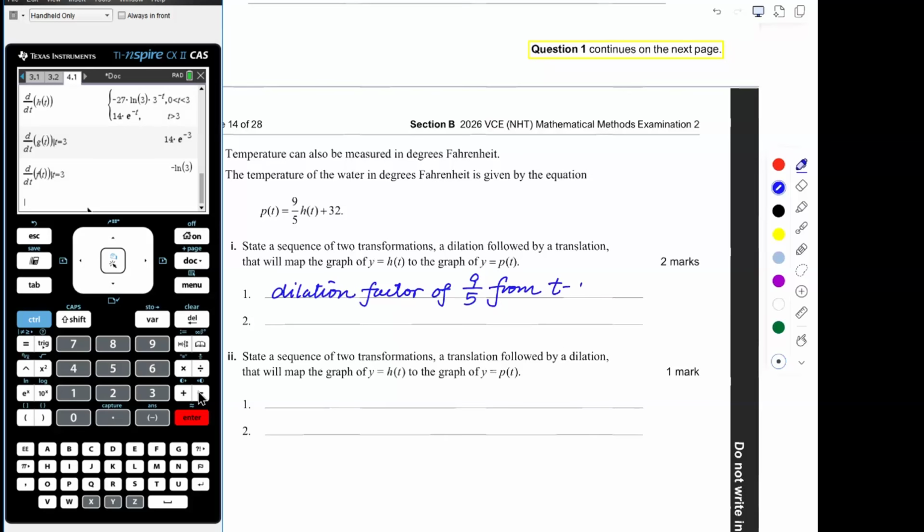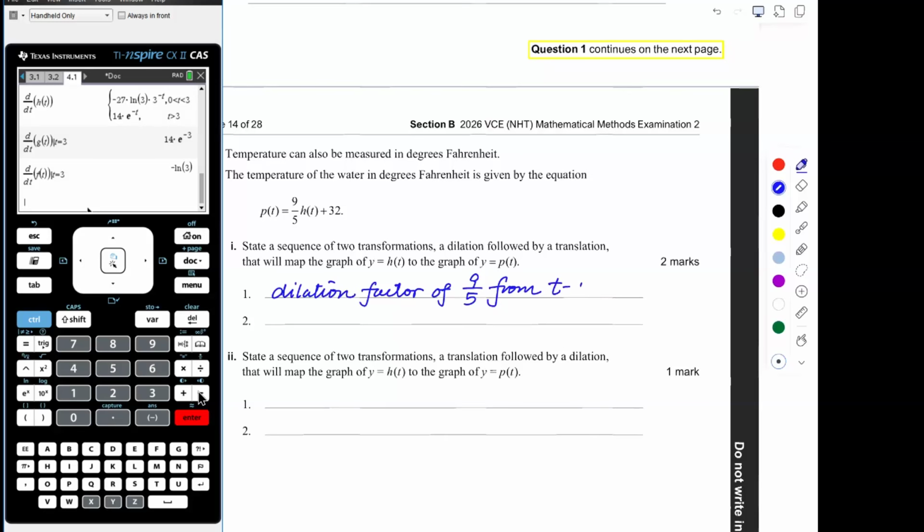So we say translation by 160/9 units up, followed by a dilation factor of 9/5 from the t-axis or from the horizontal axis. Okay, so that is question 1.